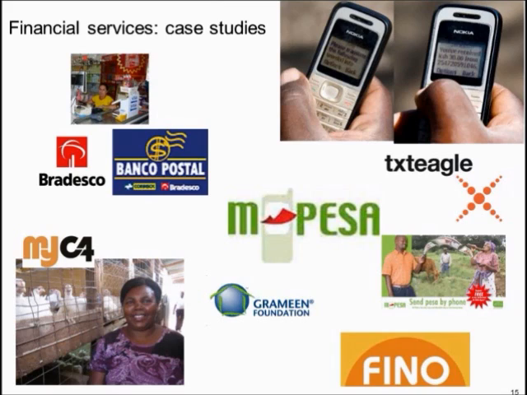If you look at the crowdsourcing financial services, we looked at MYC4, which is financing African entrepreneurs through the internet, such as this lady who has a chicken farm. Text Eagle kind of sells, let's say, mobile surveys in exchange for airtime credits.